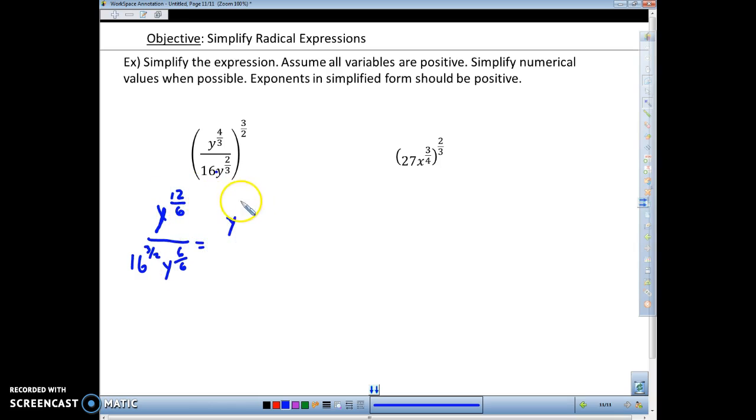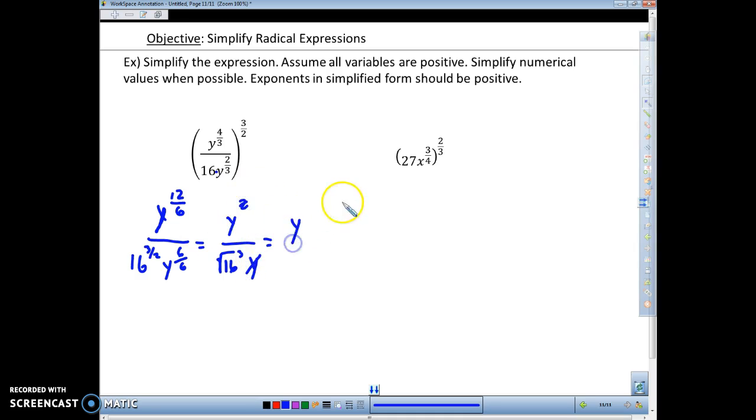So y to the 2nd power divided by, I'm going to keep this one like this. So square root of 16 to the 3rd power, and y to the 6 over 6. Well, this is just 1. So here I have this, and when I do this y cancels out with one y here.